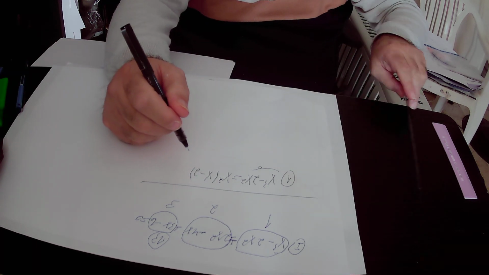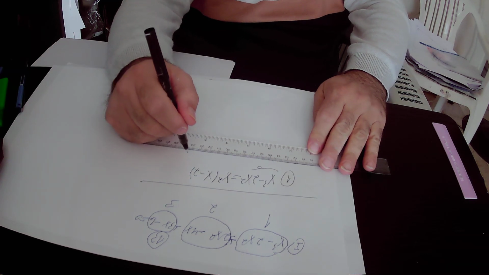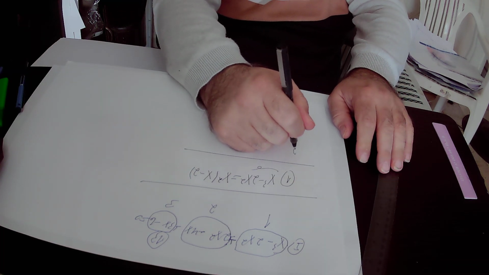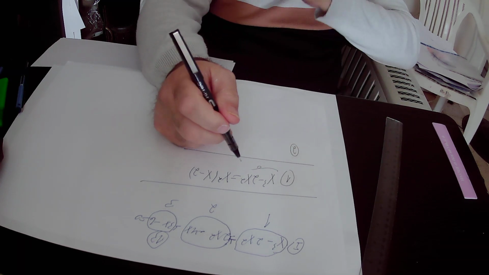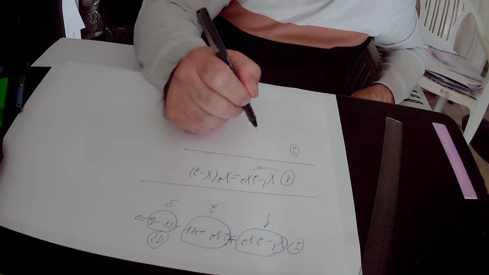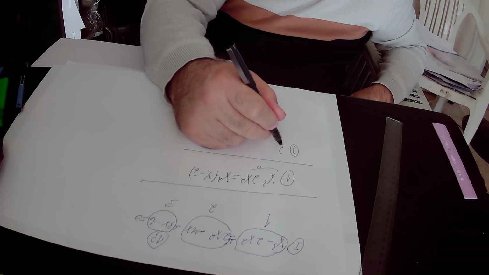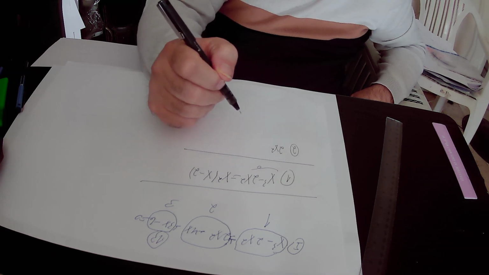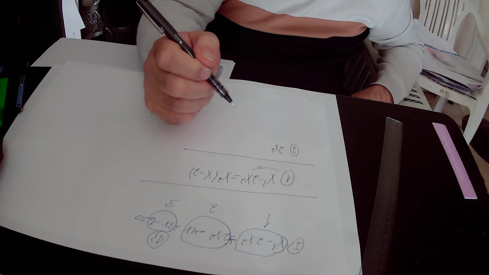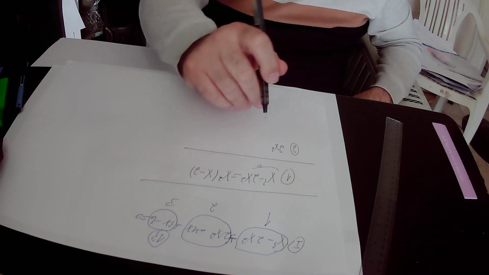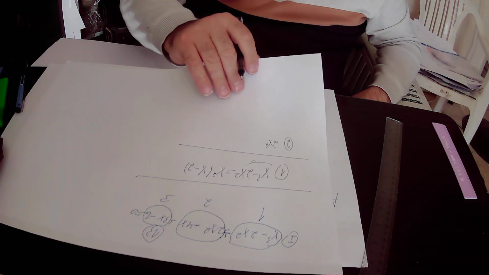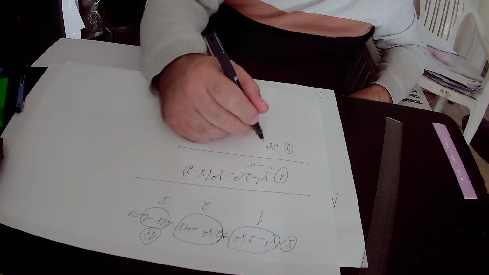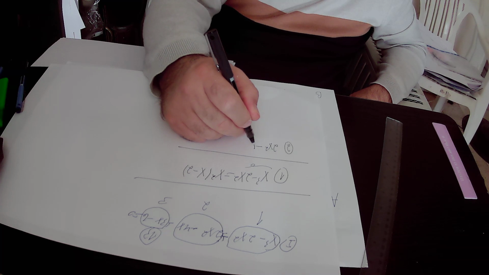We'll repeat the same process on the second expression. The second part is actually 2x squared minus 4x, 2x squared minus 4x.